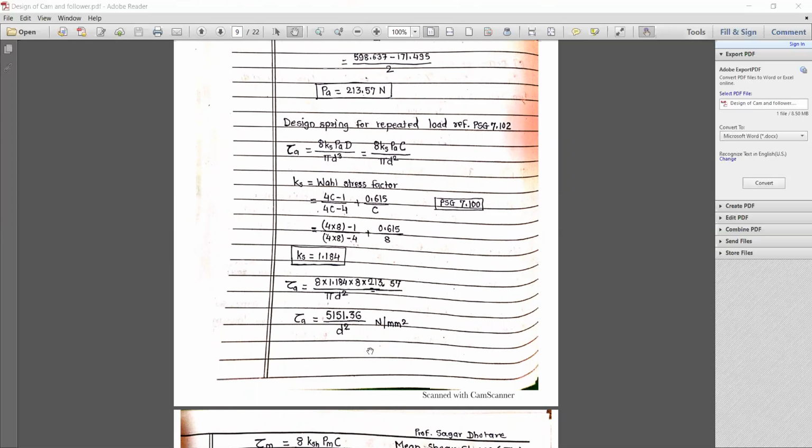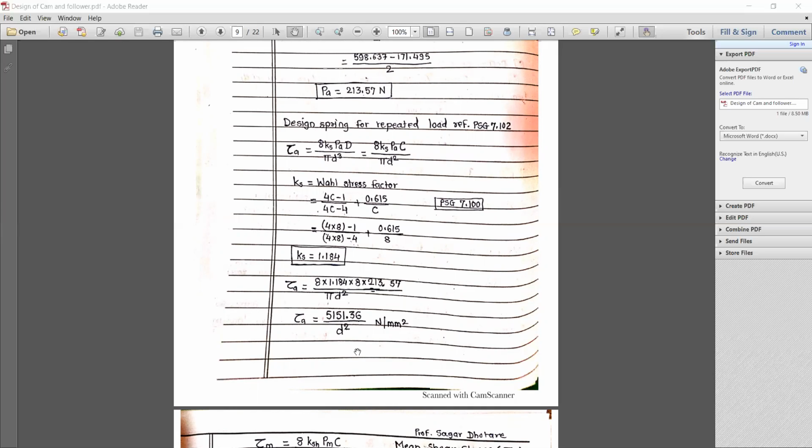The design of the spring for repeated load, referring to the equation from PSG page number 7.102: tau a is equal to 8 Ks Pa into D divided by pi into d cube, where small d is the wire diameter and capital D is the mean diameter of the spring. Here Ks is the wall stress factor, which is referred from PSG page number 7.100.